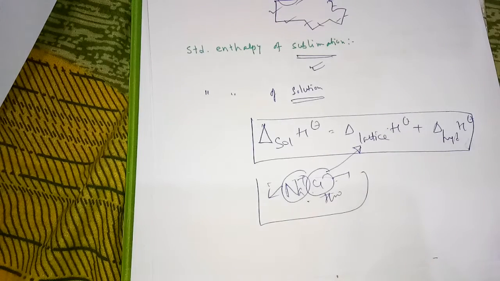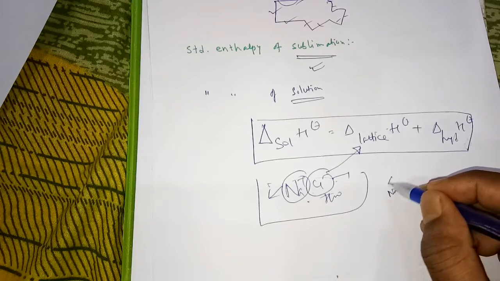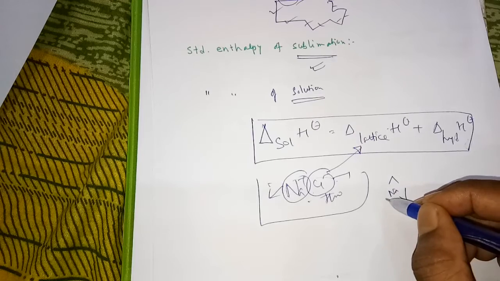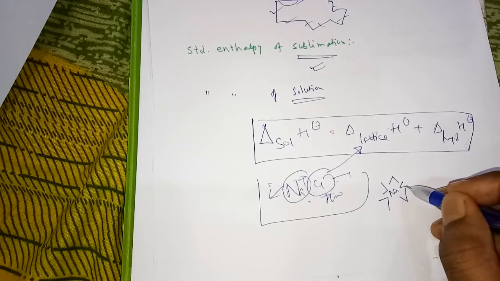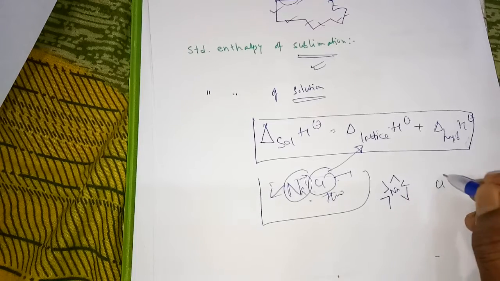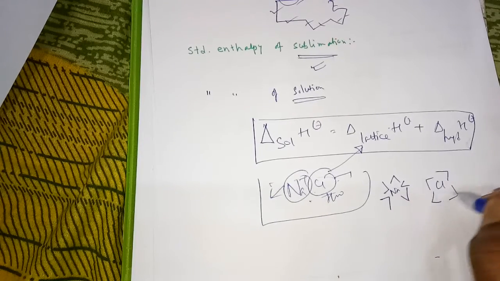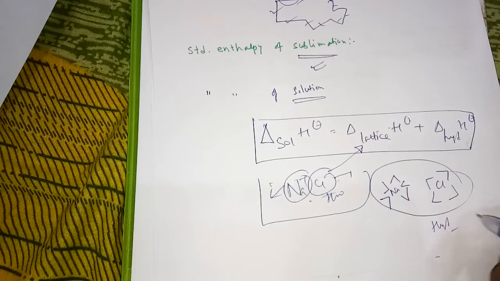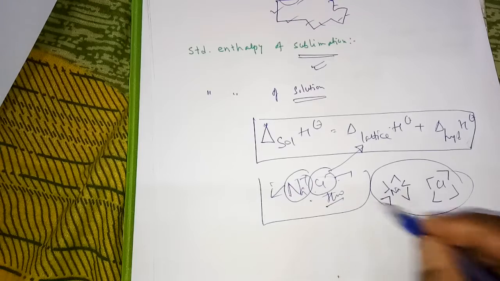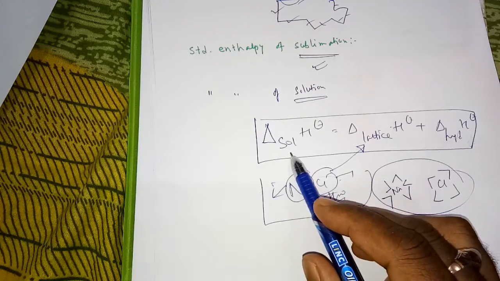After Na and Cl are separated, Na will form bonding with water molecules, and Cl also forms bonding with water molecules. The energy released for that is your hydration enthalpy. So your lattice enthalpy and hydration enthalpy combined form what is called enthalpy of solution.